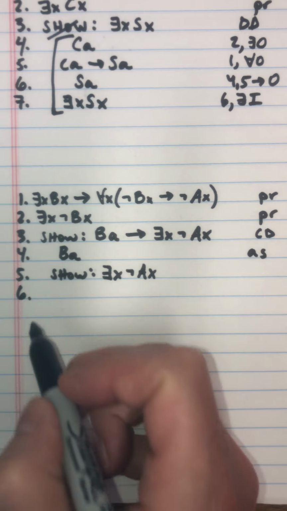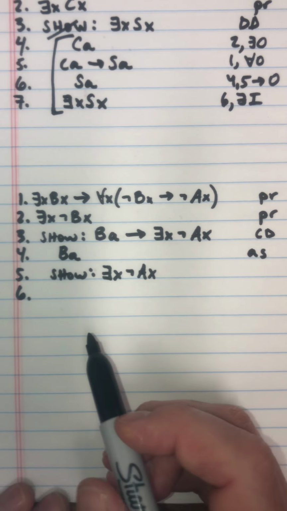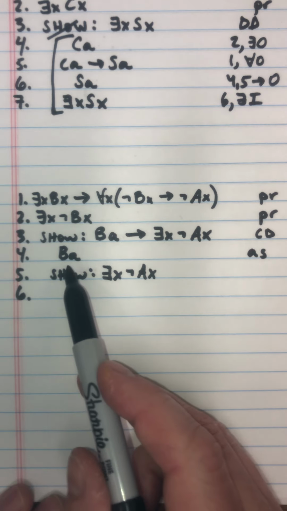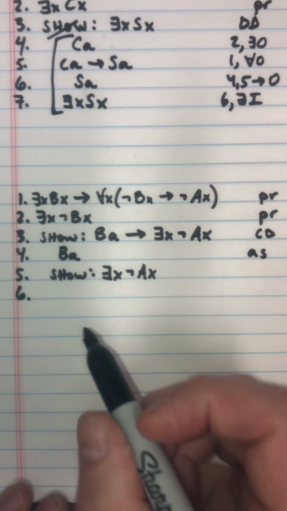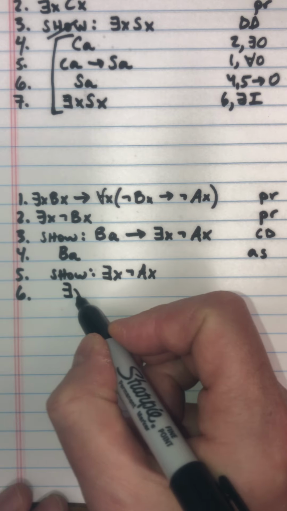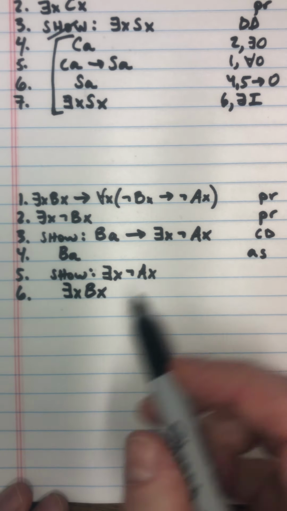Okay. So how are we going to do this? Well, the first thing to note is something that doesn't have to do with existential out, but rather has to do with existential in. That is, from line 4, if we know that A has property B, we know that something has property B. In particular, we know that that's true.